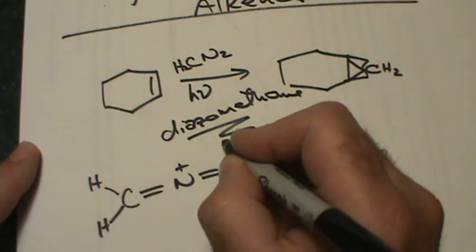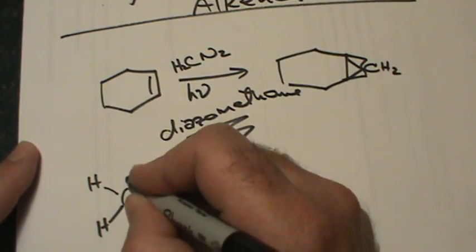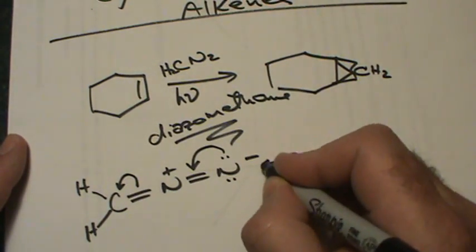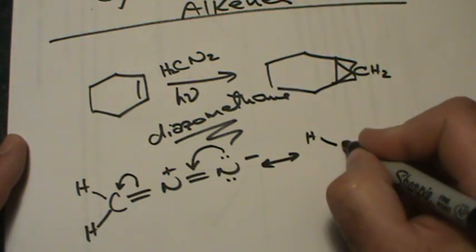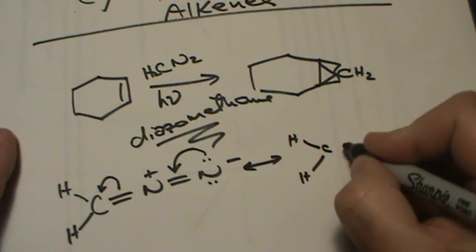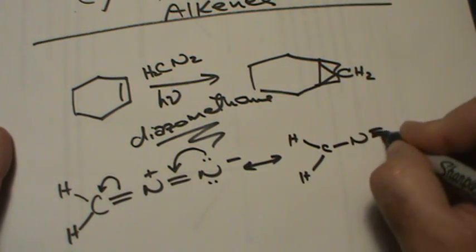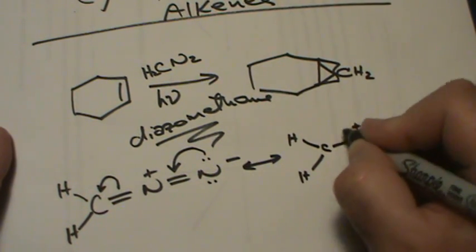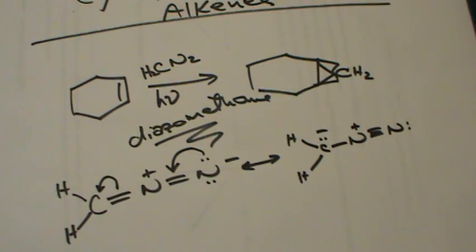In another resonance form, we have a negatively charged carbon and a positively charged nitrogen.